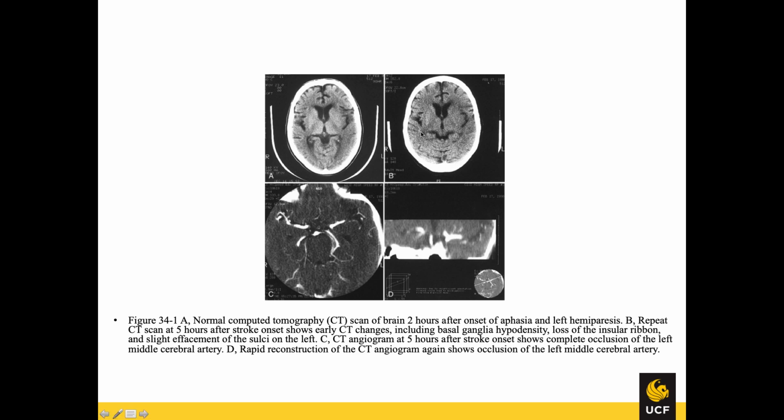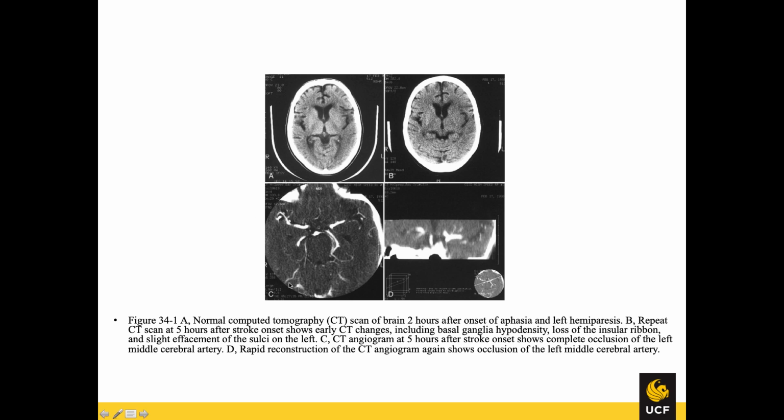B is a repeat CT scan 5 hours after stroke onset and shows some early CT changes, including basal ganglia hypodensity, loss of the insular ribbon, okay, and some slight effacement of the sulci on the left.